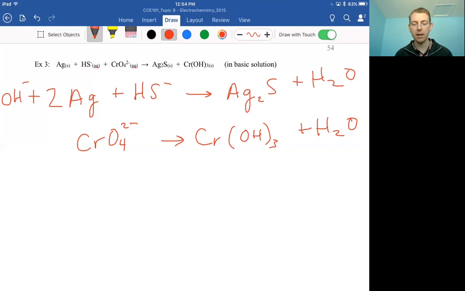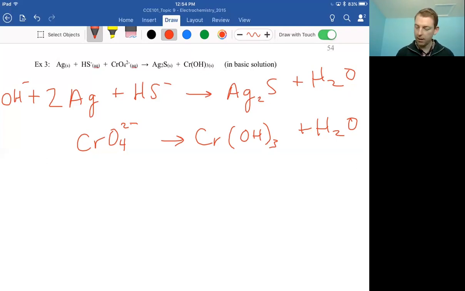Okay, so that leaves us, if we took water and just subtracted out an OH, it would just leave us with the extra hydrogen that we were looking for. So we make sure that we had the same number on both sides. And let's check out the second line with the chromium. So no hydrogens on the reactant side. On the product side, we have 1, 2, 3, 4, 5.